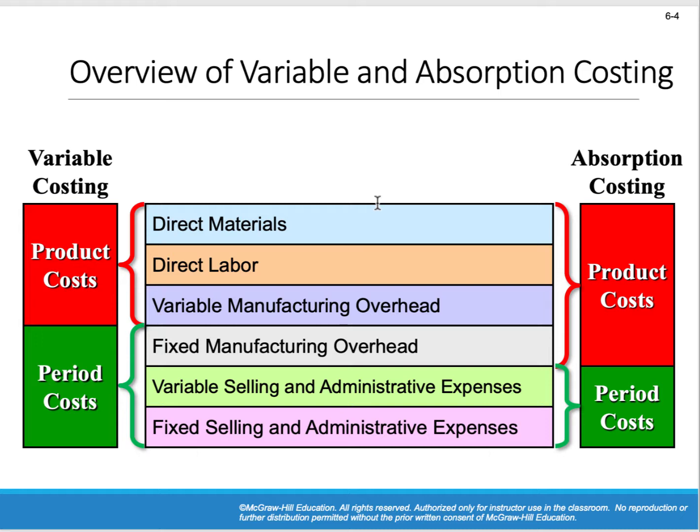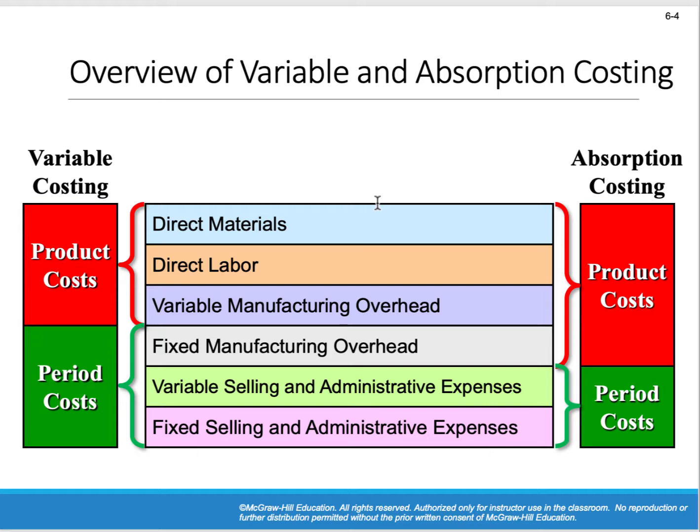Product costs, if you think back to chapter, was it 3, I believe, chapter 2, we did the contribution formatted income statement, right? And we said that we have variable selling and administrative expenses, and we also have fixed selling and administrative expenses, okay?